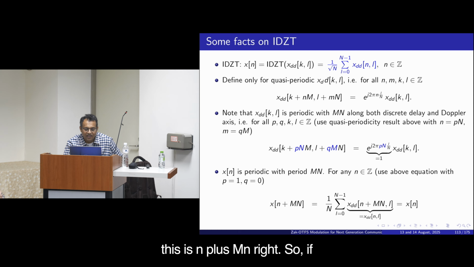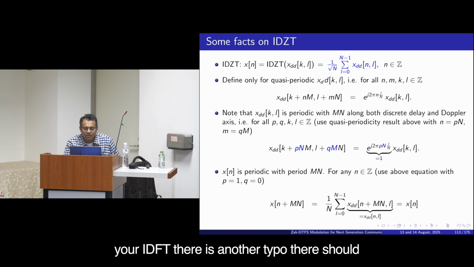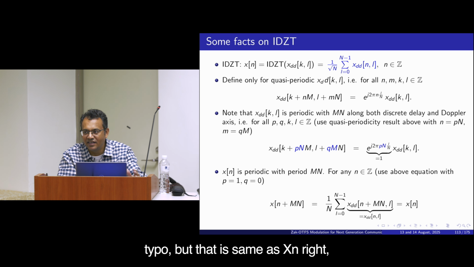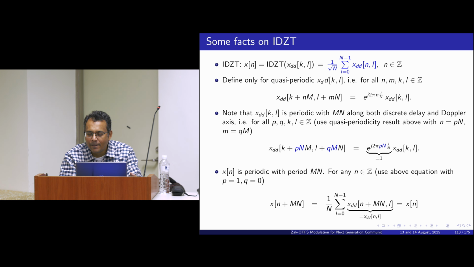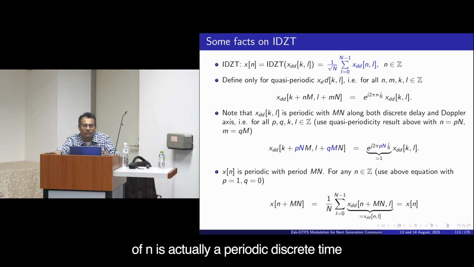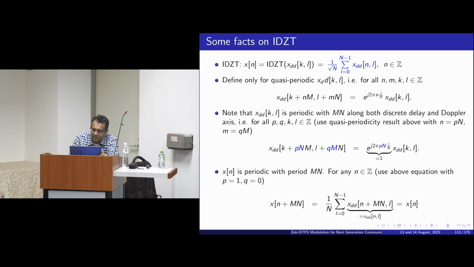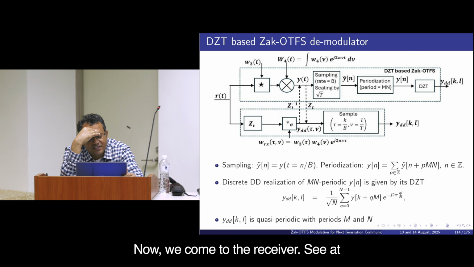So, if you replace this with this, that basically is your IDZT. There is another typo, there should be a square root here, but that is same as x[n]. So, that shows that this x[n] is actually a periodic discrete time sequence with period capital M into capital N.